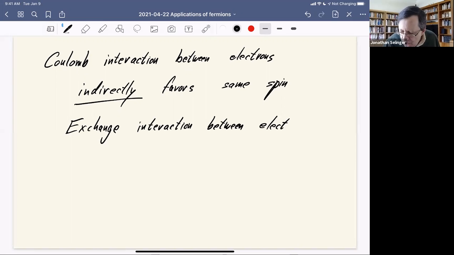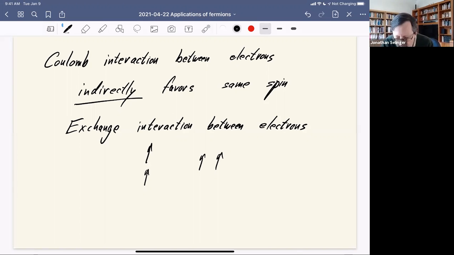And it works no matter what the relative positions are. And so it favors same spin, whether they're like this or if they're side to side like that. So it solves that problem. And this is a strong effect. When people have calculated it quantitatively, the Coulomb interaction between electrons is a very strong interaction. And even when it works through this indirect exchange mechanism, it still strongly favors the same spin.